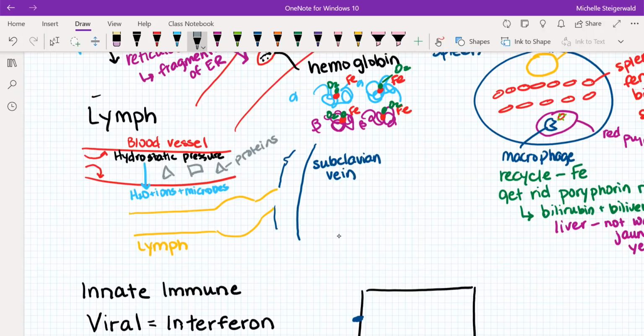Because you've now pushed a lot of fluid and small things out, you have much bigger solutes left. You've changed your gradient. Now you've actually created a pressure for water to move back. So you would say that these proteins in your blood are pulling fluid back in, and that's what we call the osmotic pressure.